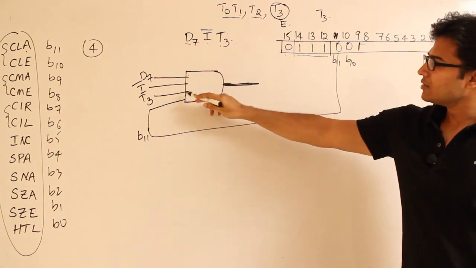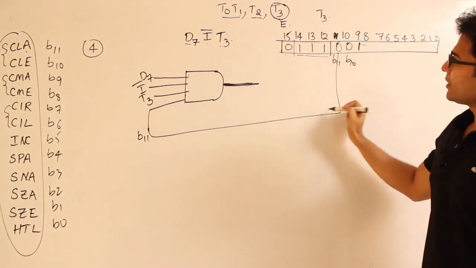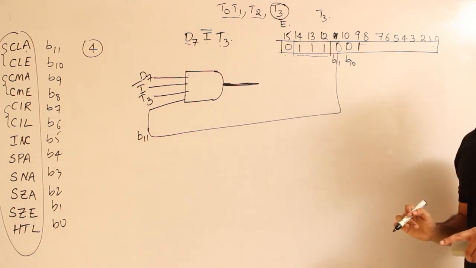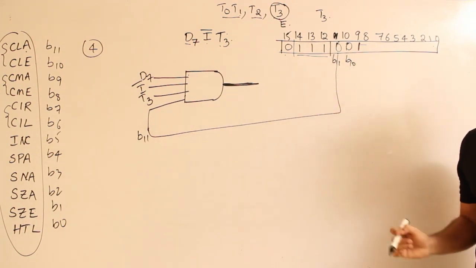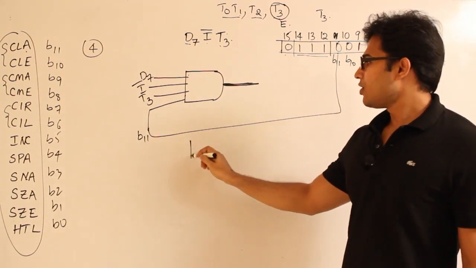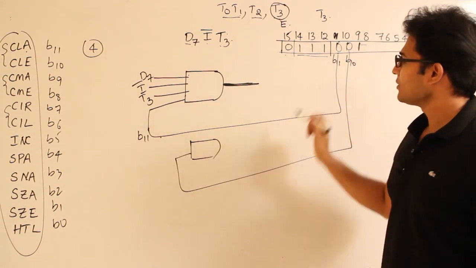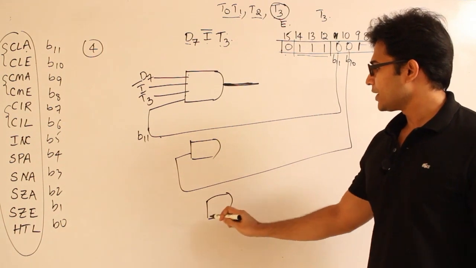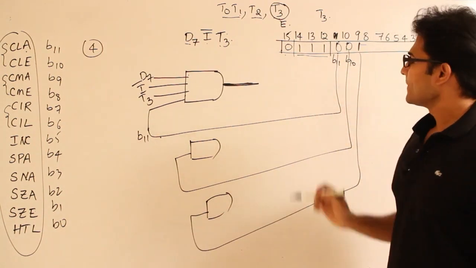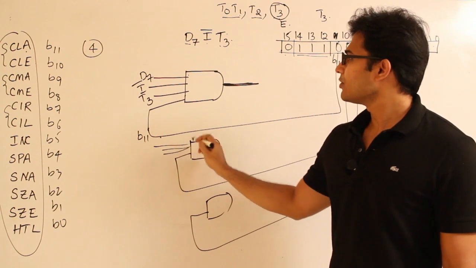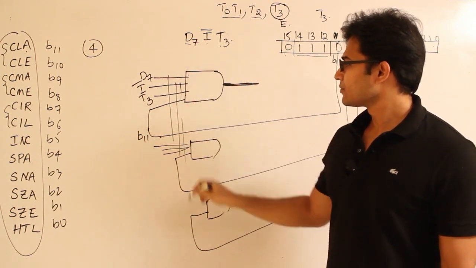So we take these 3 inputs. There will be circuits present, one for B11 and one for B10 and so on. Got it? All of them are going to get the same input, right?